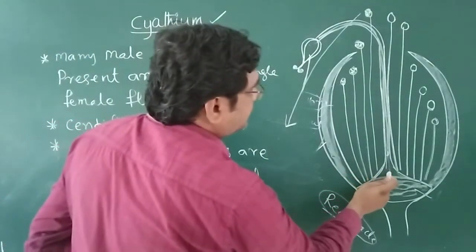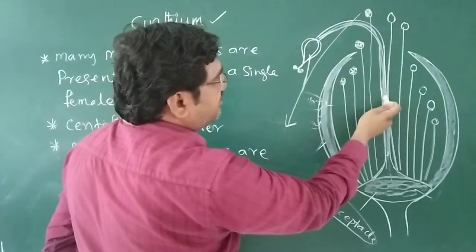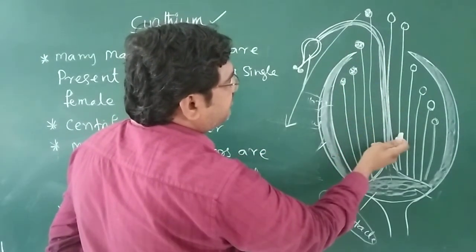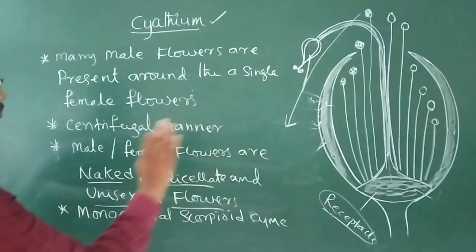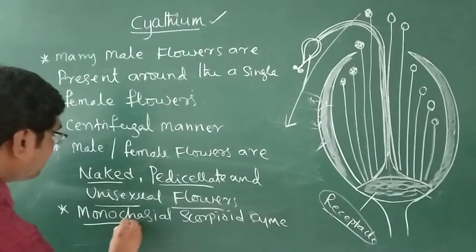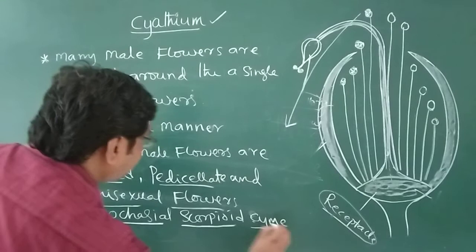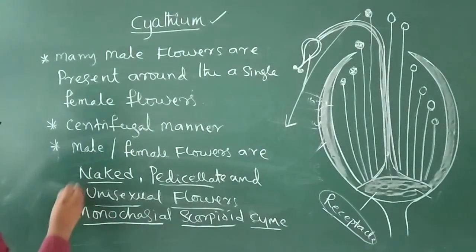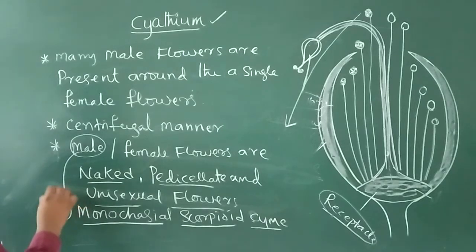Here, at the center of the Cyathium inflorescence, the female flower is there. Around the female flower, many male flowers are arranged in the monochasial scorpioid cyme.